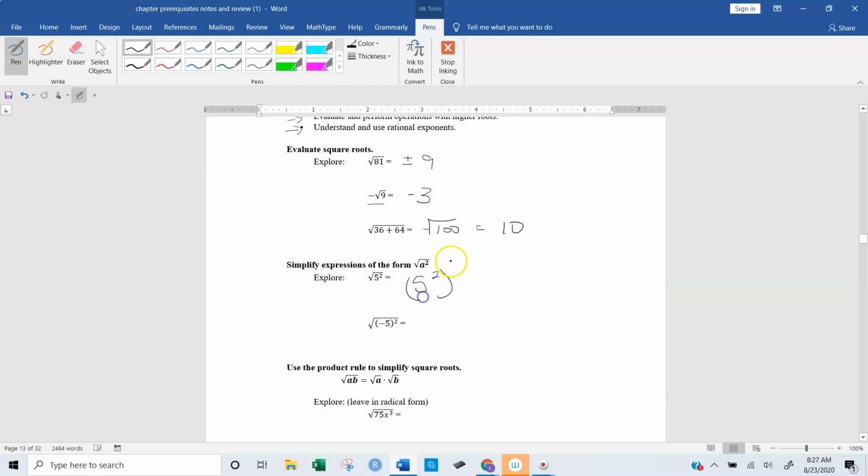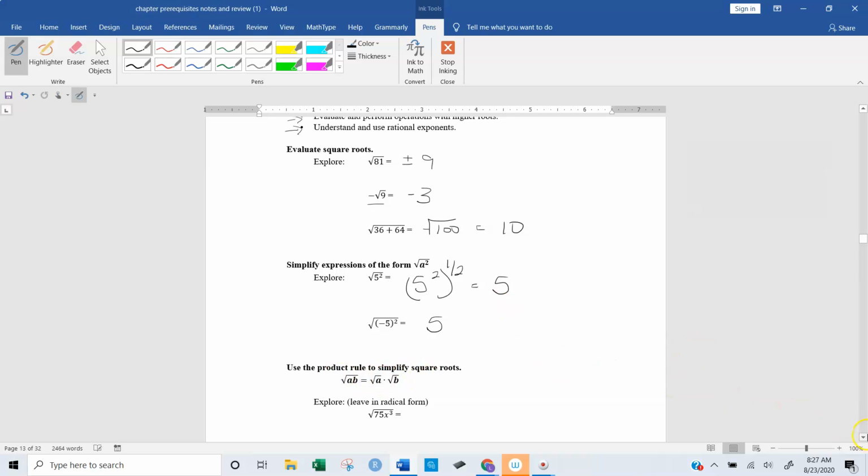And the square root is the 1/2 power. And then 2 times 1/2 is 1. So the answer is 5. Or the square root of 25 is 5, either way. Square root of negative 5 squared, well, again, you're going to square the negative 5 first, which makes that a positive number. So the square root of that is, again, 5. They don't want the plus or minus.